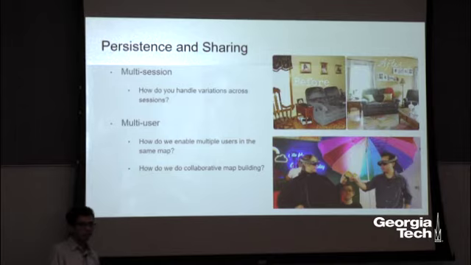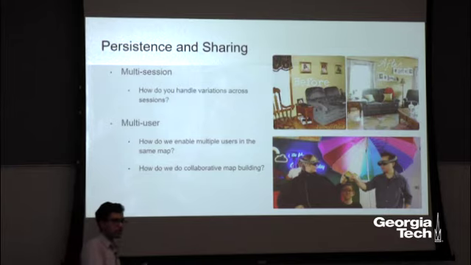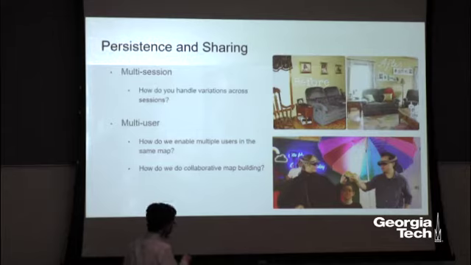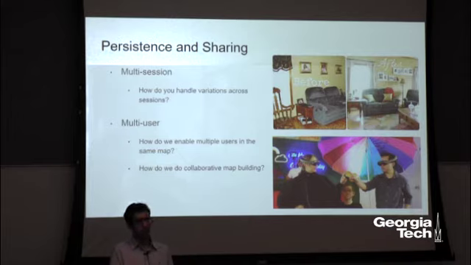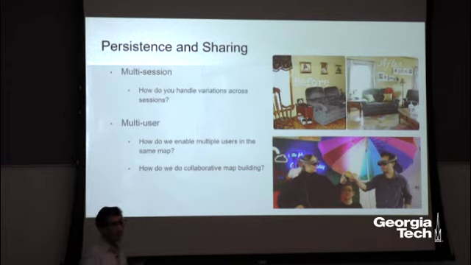If he is moving a particular piece, I want to see the same piece moved on my side. So how do I enable these kinds of applications in the SLAM system? That goes to things like collaborative map building, placing multiple users in the same SLAM map and tracking them together and localizing them together.